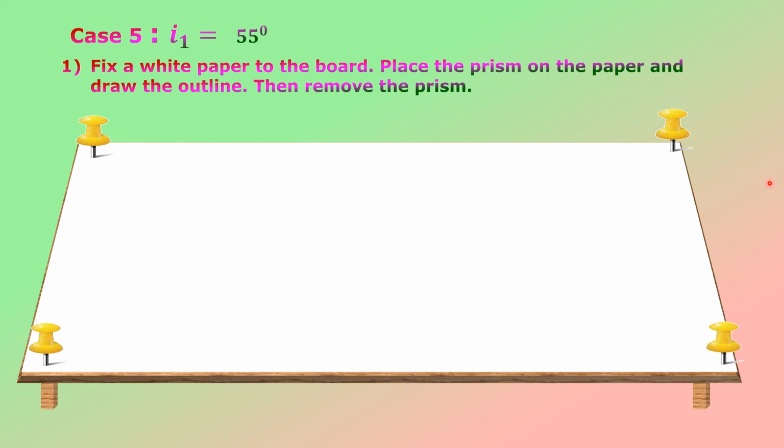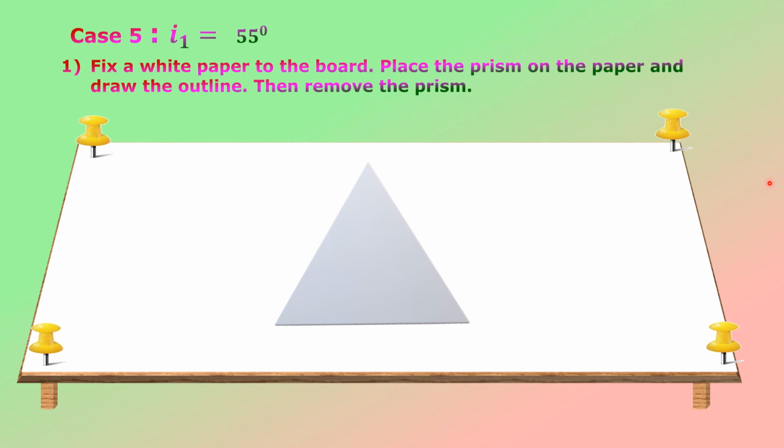Every time I am taking a fresh sheet of paper, and here is the prism. I will place it in the middle of the sheet. It sits on its triangular base.